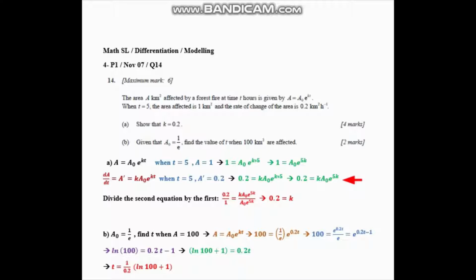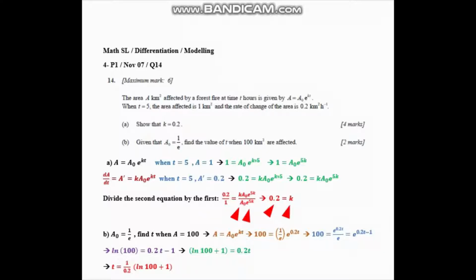So 0.2 over 1, I shall divide the left-hand side by the left-hand side, equals the right-hand side divided by the right-hand side. I've done this in order to eliminate all the repeated elements, and there are a lot. So A naught goes with A naught, and e to the power of 5k goes with e to the power of 5k. So you remain with 0.2 equals k. And this solves question A for us.